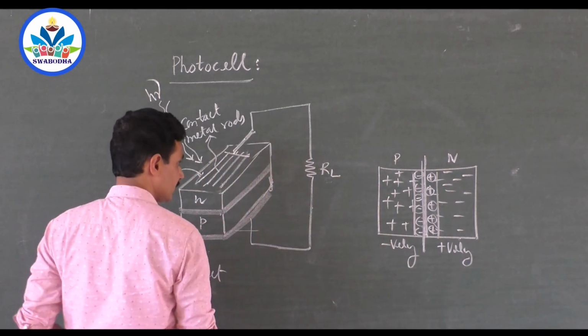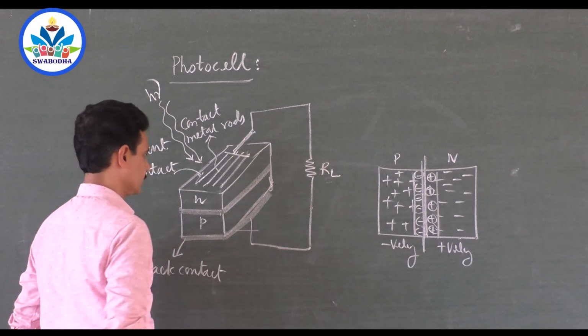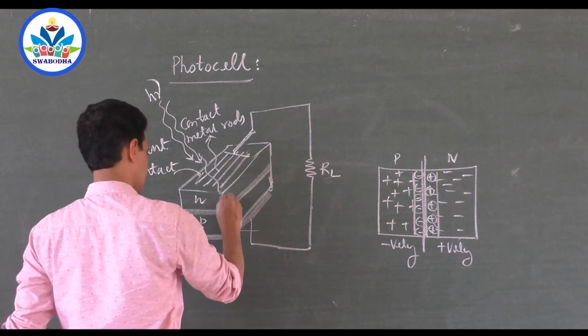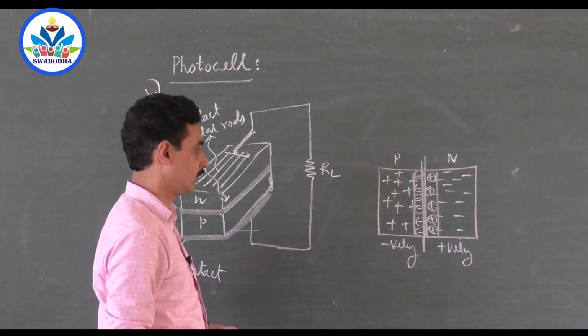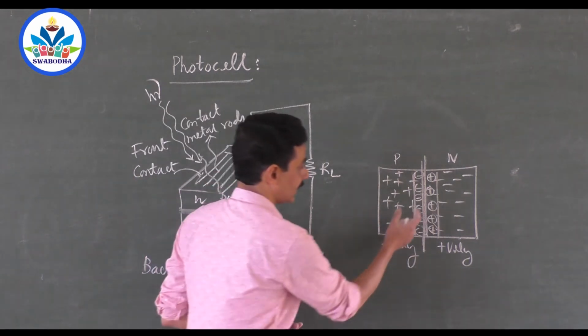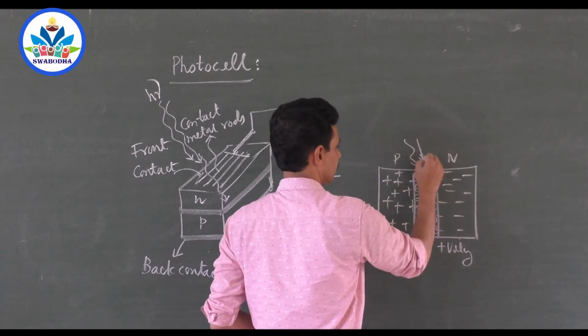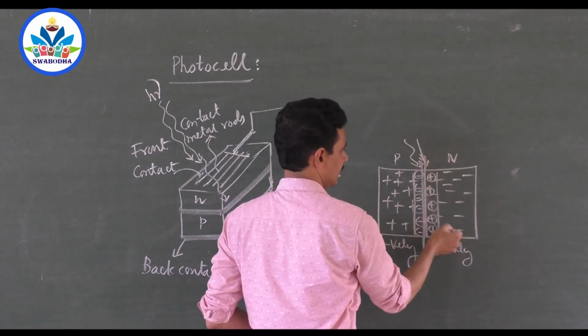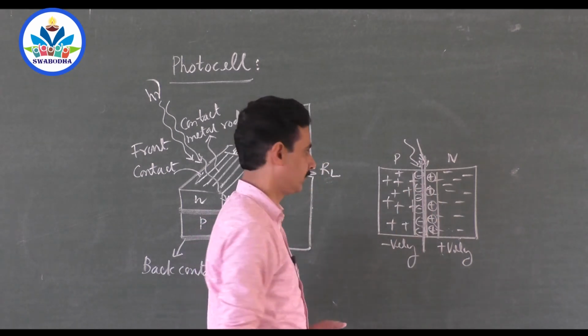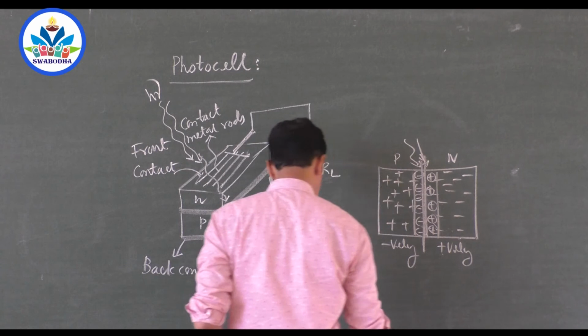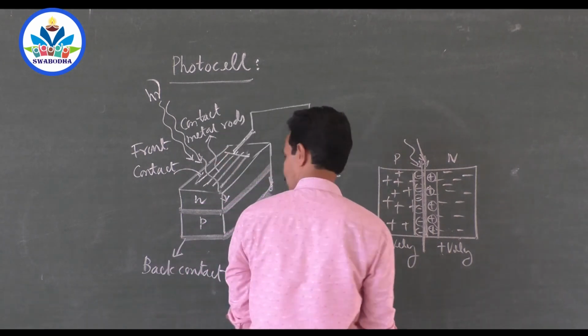Now, when light falls on the junction, electron hole pairs are created. Can you guess where electrons and holes move when the light is falling on the junction? Electrons will move to the n region because it is positively charged now when the junction is formed, and holes will move to the p region.